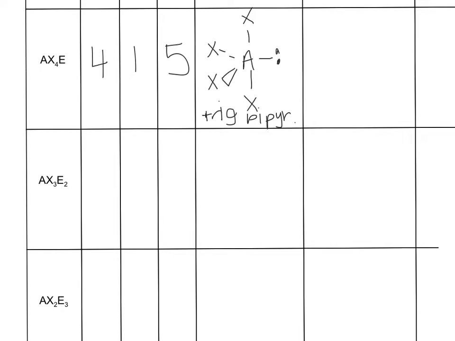But the shape that ends up remaining is this for molecular geometry, and if you turn it on its side, you have what we call a seesaw.